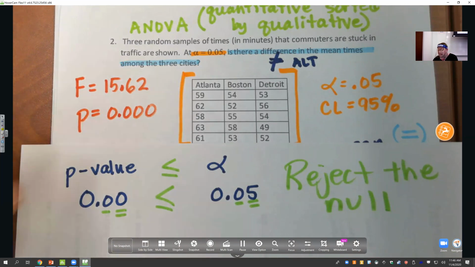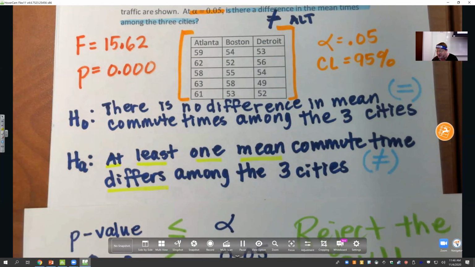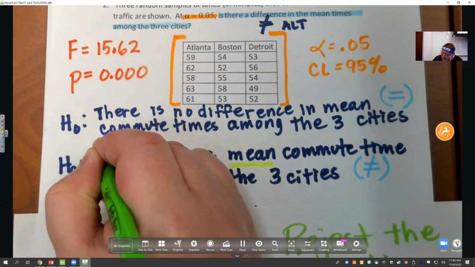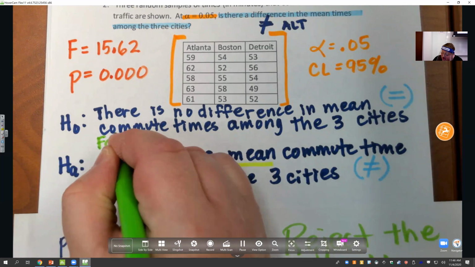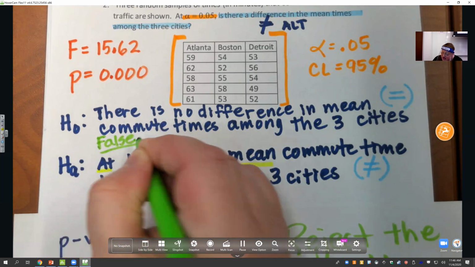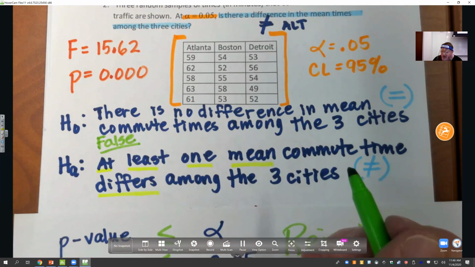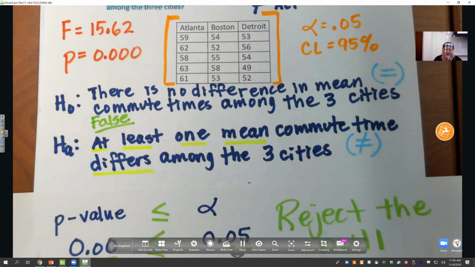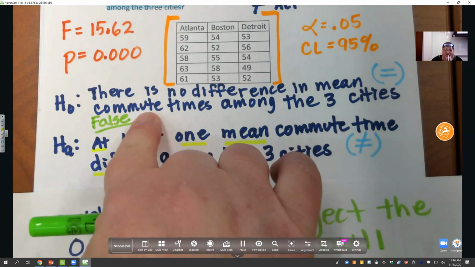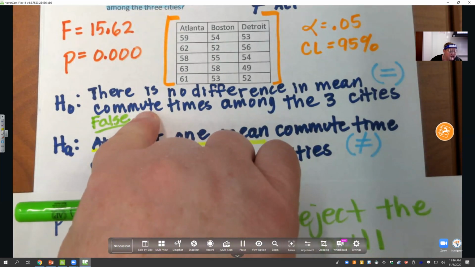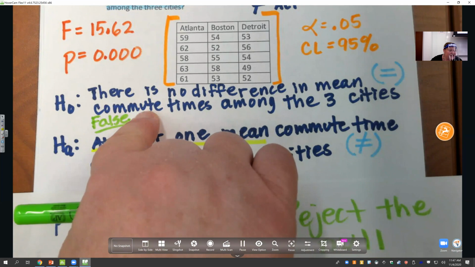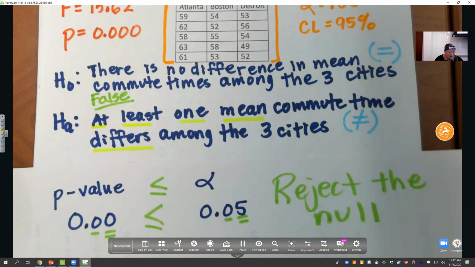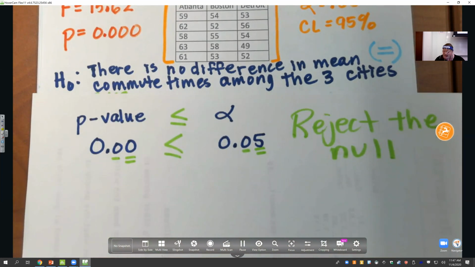Now, what that means in the context of our problem: if we reject the null, remember that means the null is false. So we ultimately are concluding that there is a difference, because the false statement is there's no difference, which means the true statement would be there is. So then the last thing that we do, it's always the last step, is we state our conclusion.